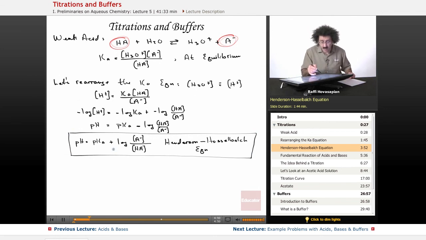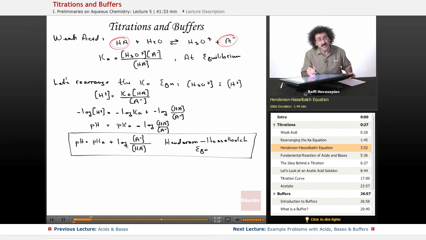Now, let's just talk about what this says. This says that in a weak acid solution, if I ever want to know the pH of that solution, and if I happen to know the pKa, the relationship between the pH, the pKa, and the concentration of acid and conjugate base is expressed this way. There are 4 different parameters here: hydrogen ion concentration, Ka, acid concentration, and conjugate base concentration.